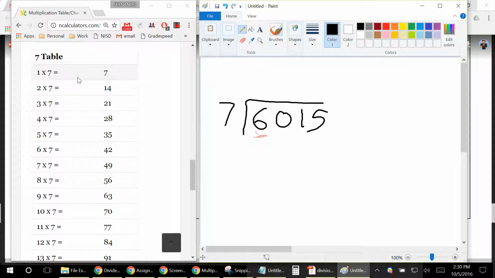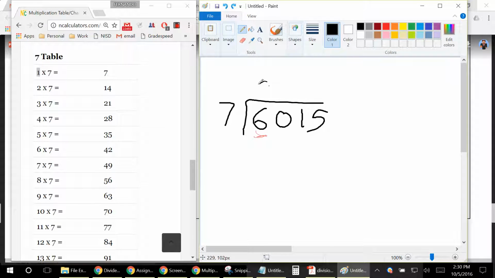If you look over here, 1 times 7 is 7, so you will go over, and you don't want to go over. You want to stay below 6. So there's none. Let's look over here, and the number is 1. What comes before 1? 0. So you're going to come over here and put 0.